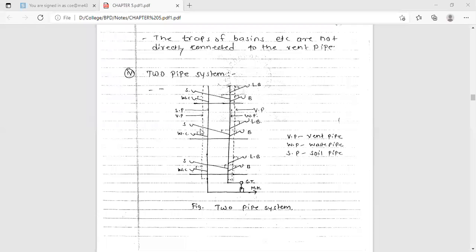Okay, whatever output is there from the sink, lavatory basin, and basin is collected in a single pipe, and whatever output is there from the water closet is collected through another separate pipe. Okay, that kind of arrangement is there in a two pipe system.